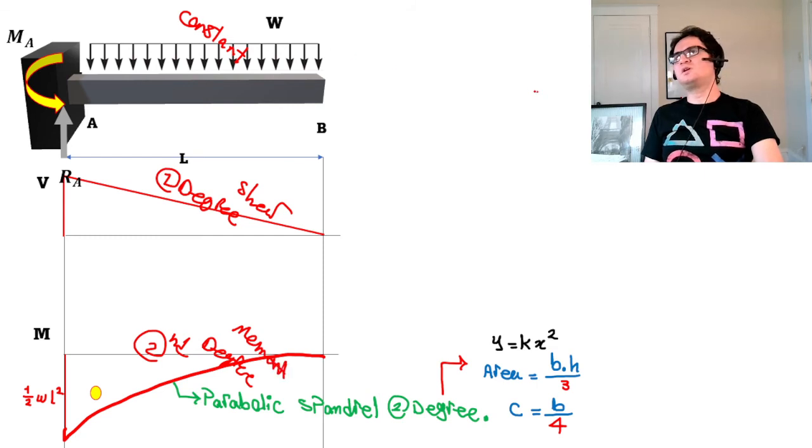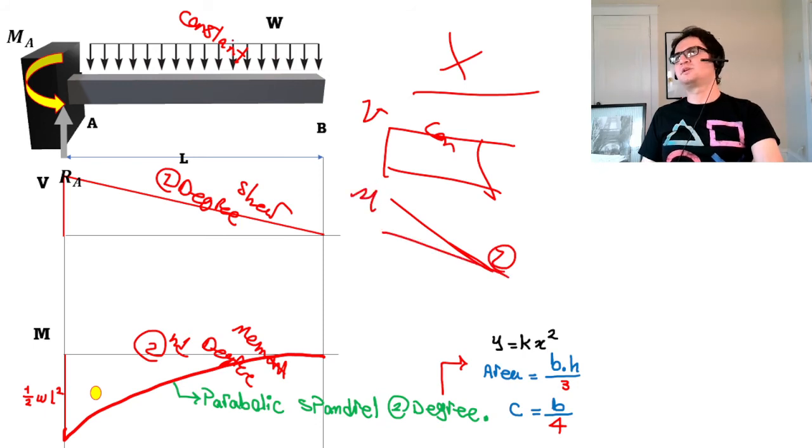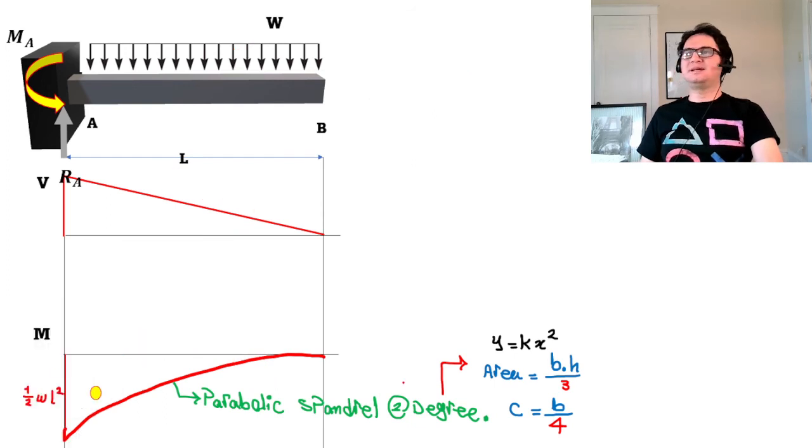If there was nothing here, it just goes by a constant line for shear and a linear or first degree for moment. But if we do have a constant loading, it goes by 1 degree for shear and second degree for moment.